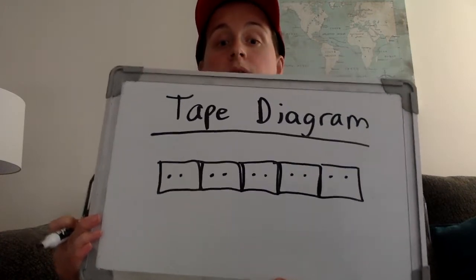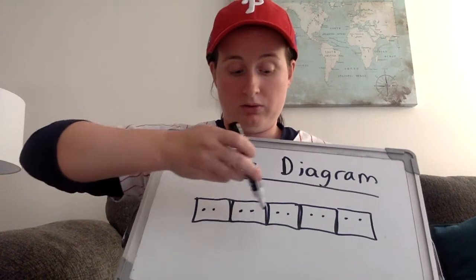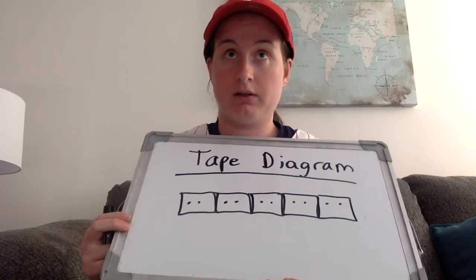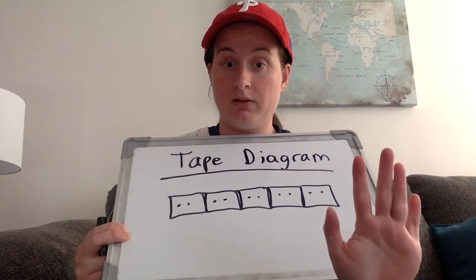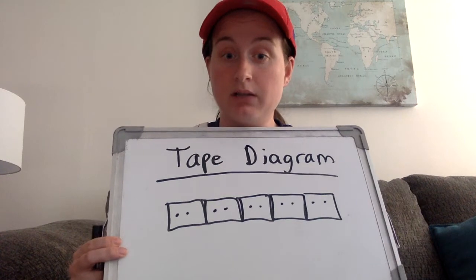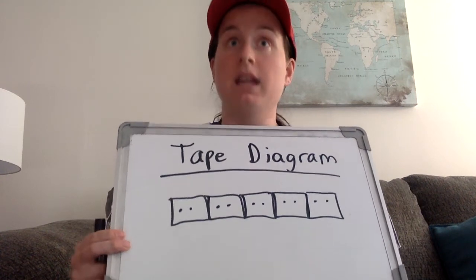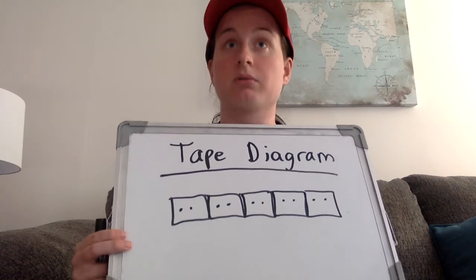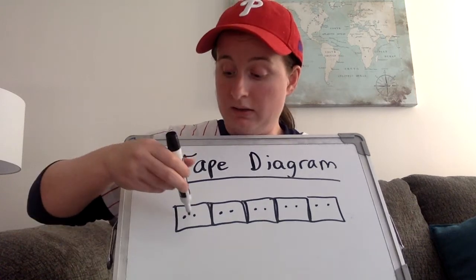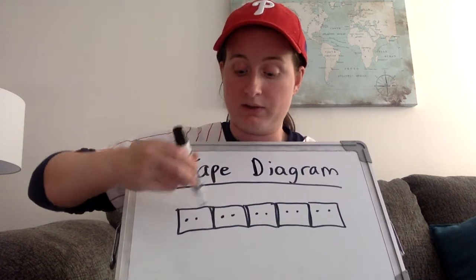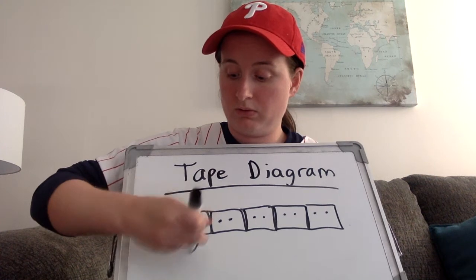So in this example, we have 1, 2, 3, 4, 5 boxes. 5 boxes, 5 groups. Are they equal groups? Yes, tape diagrams, they are equal groups. They have the same amount and each have 2. 5 boxes of 2 objects.